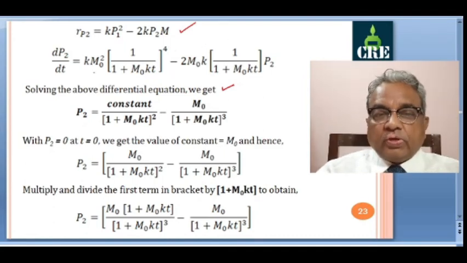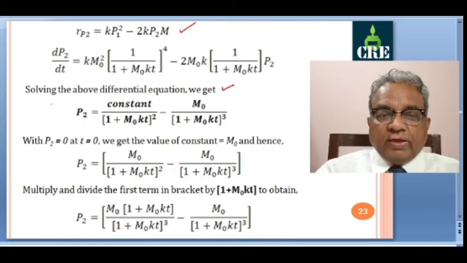We will not go into all the steps of that differential equation, but we get the solution, which is very lengthy. We will write the solution directly as P2 is equal to some constant divided by 1 plus M0 KT whole square minus M0 by 1 plus M0 KT whole cube.